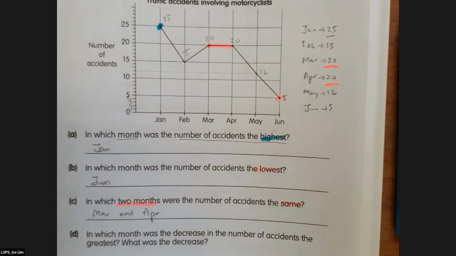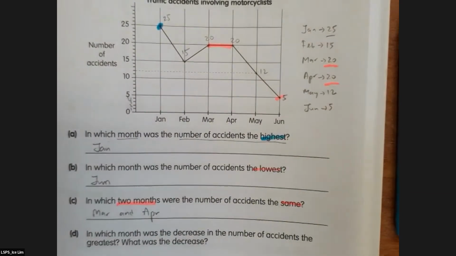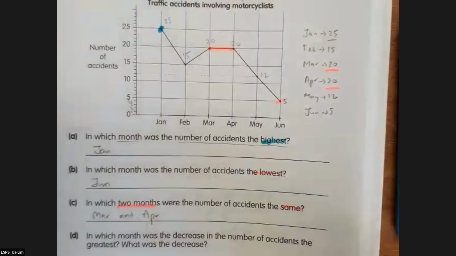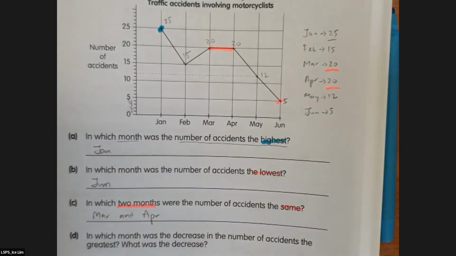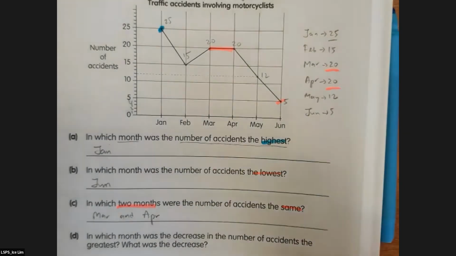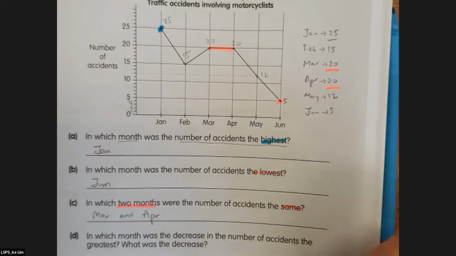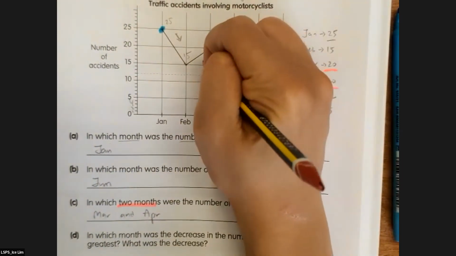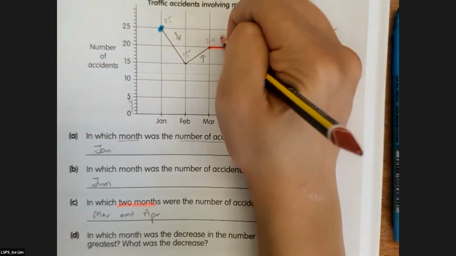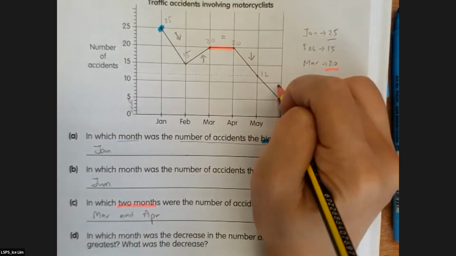Then decreasing, getting less, the line will be going down. So can you understand? Now to indicate going up and down, there are two ways. I let you choose. My way, I like this way. Going down, coming up, going equal, going down, going down.